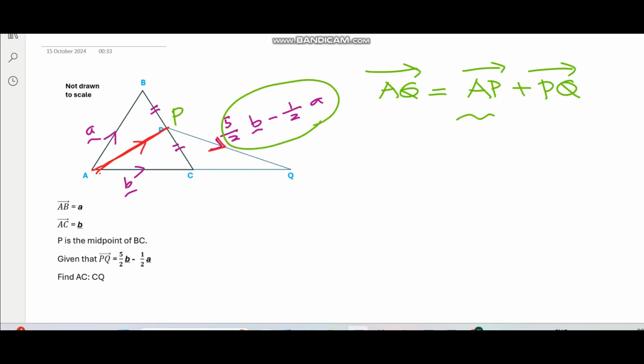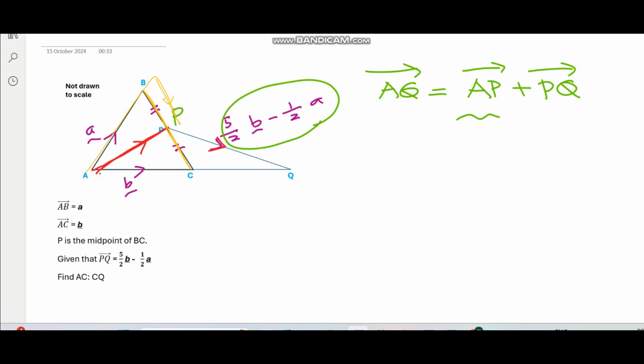It's AP that we need to find in terms of A and B. So to find AP, first of all, we are going to find BC as a function of A and B, and then half of that is going to be BP, and then we are going to add A plus that and find AP.